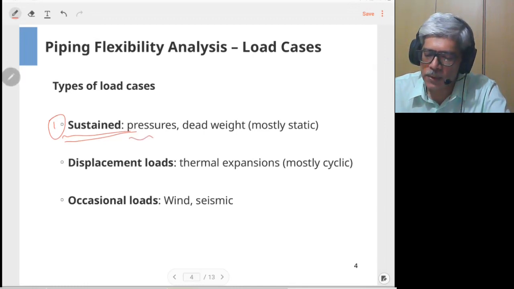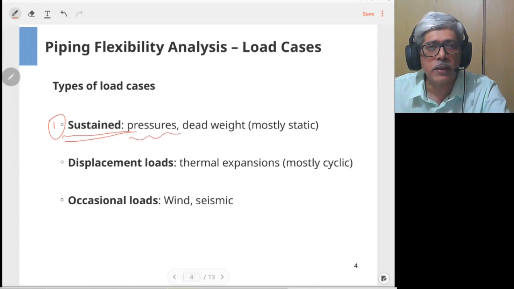So that includes the internal pressure acting in the pipeline and the various dead weights, that is the weight of the pipe itself, the weight of the fluid flowing inside, the weight of insulation, and the weight of the various fittings and valves which are mounted on the piping.